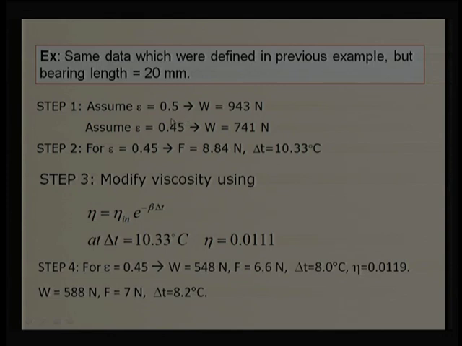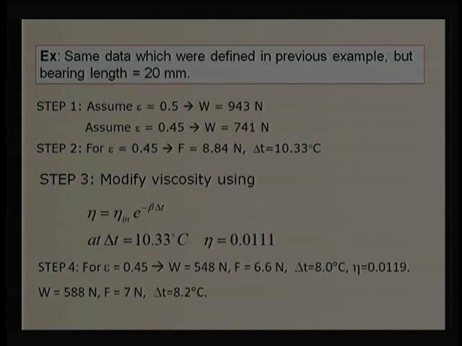Now, I can take the average again, 0.5 plus 0 divided by 2, that is epsilon as 0.25, but we feel epsilon lesser than 0.4 should not be recommended. In this case, we have recommended 0.45 as the minimum value. It should not be lesser than that. Otherwise, we need to change the design.